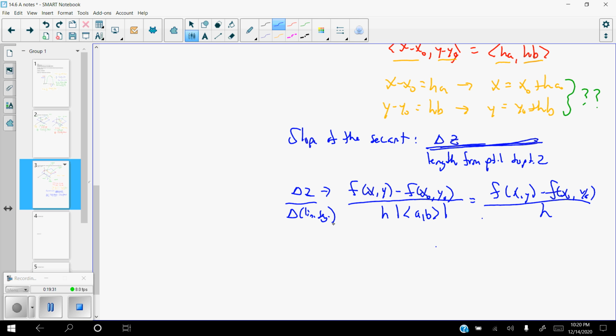If I wanted to find the actual slope, I would have to take the limit as h approaches 0, because we want that difference between those two points to basically become nothing.